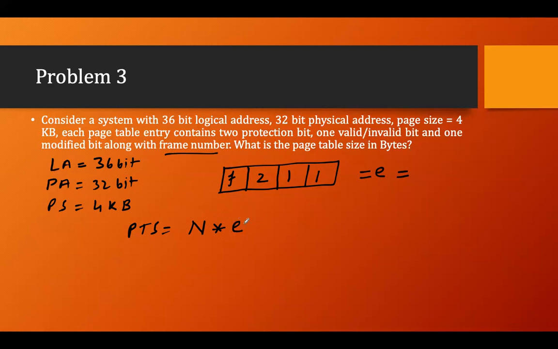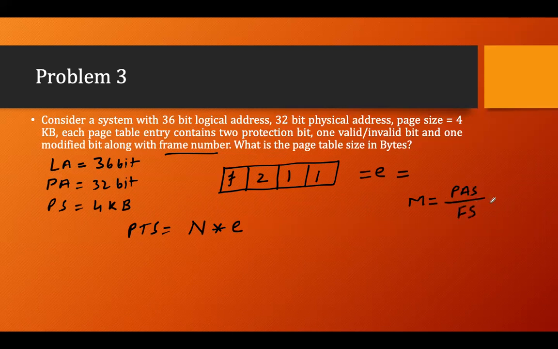Let's calculate E first. To find E, we have to find F, the frame number bits. How will we get it? We get the number of frames, M, by the physical address space divided by the frame size.